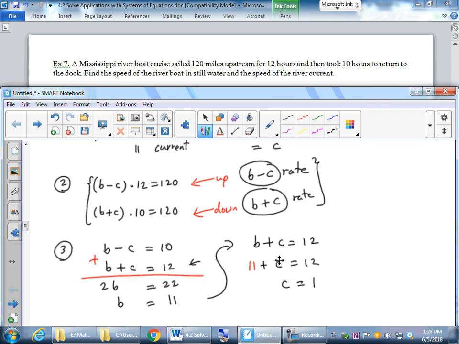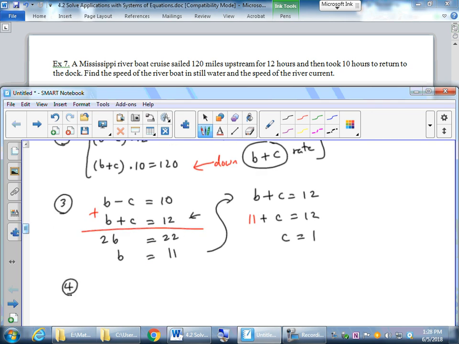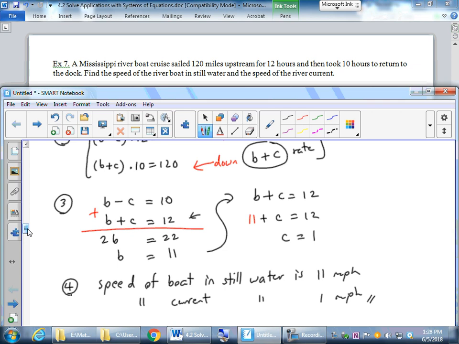Finally, I can interpret it: the speed of the boat in still water is 11 miles per hour, and the speed of the current is 1 mile per hour. Okay, so that will be the end of this section.